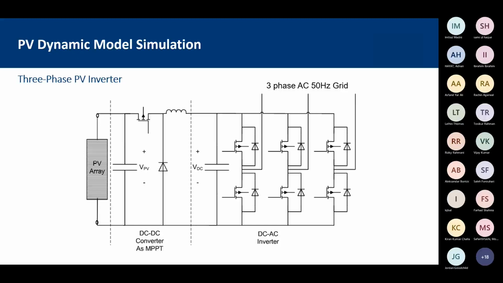Like in Australia, we have a different grid code as compared to Europe and US. So the manufacturers, when they make inverters for the Australian market, make sure that it is compliant to the Australian grid code. The grid code is actually the code of operation, how the PV inverter should operate in integration with the grid. So it's different for different markets.